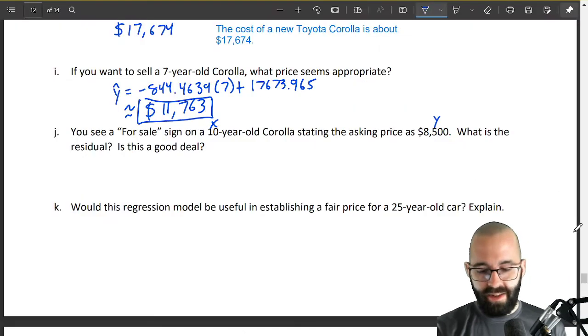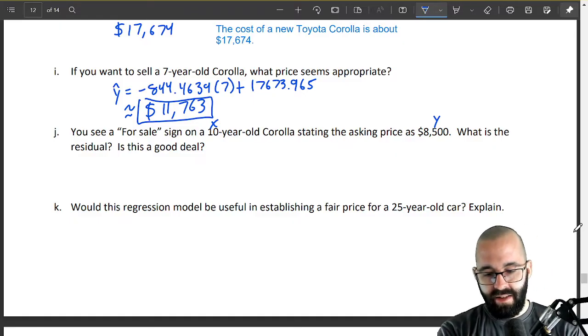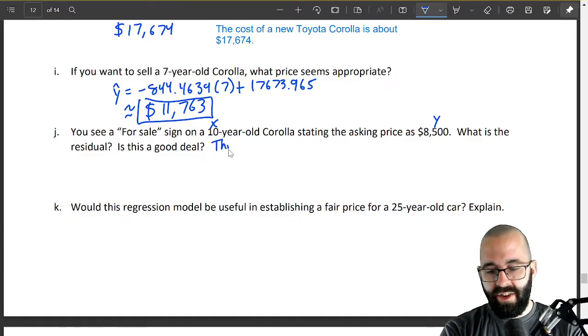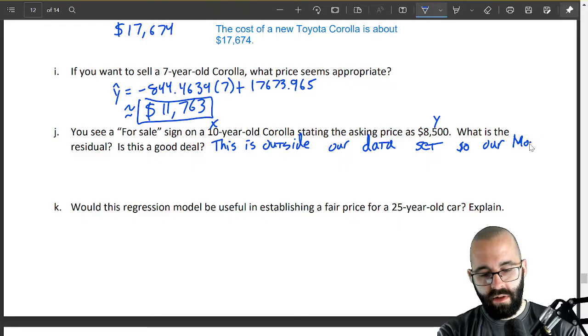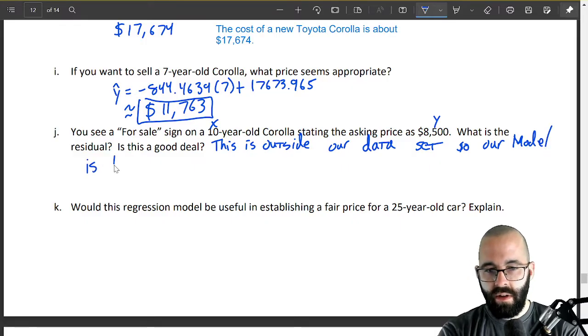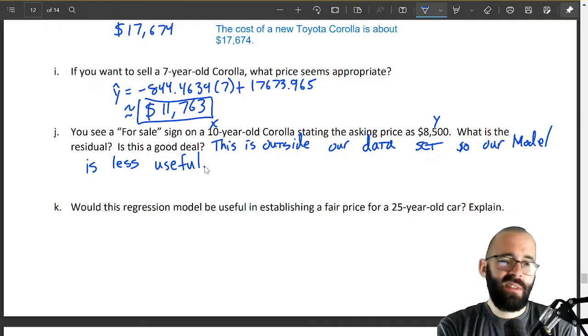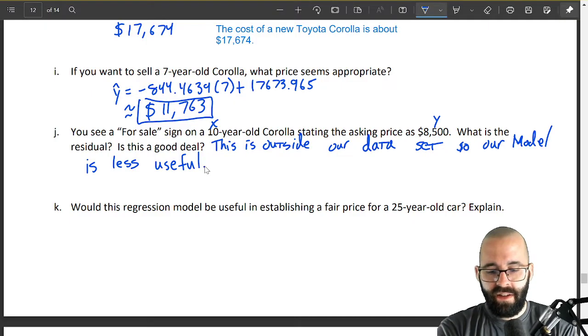Kind of hard to talk about. Our model is less useful, but it's still kind of close. We can use it a little bit.